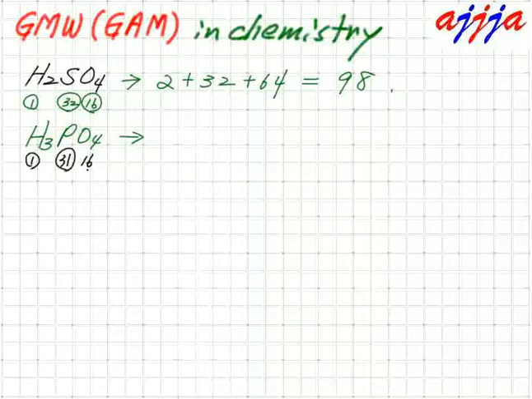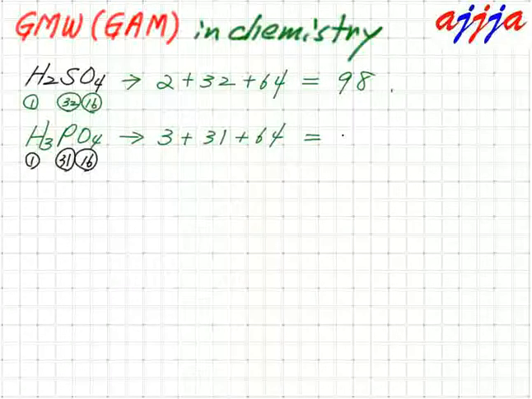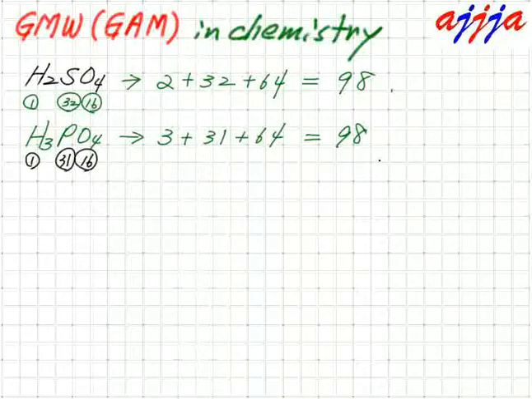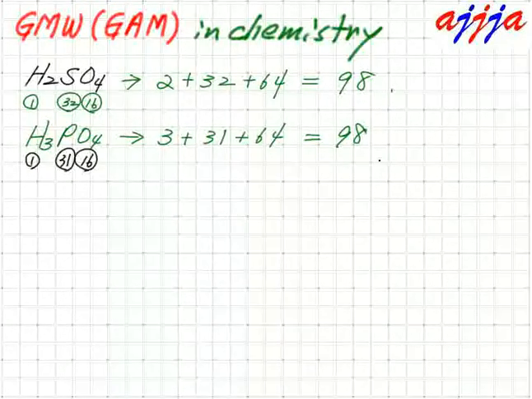What about O? That's 16, so 16 times 4 is 64. This one is 31. This one is 3. So all we have to do is add. The first one is 3 plus 31 plus 64. Wow, the same thing, 98 grams.